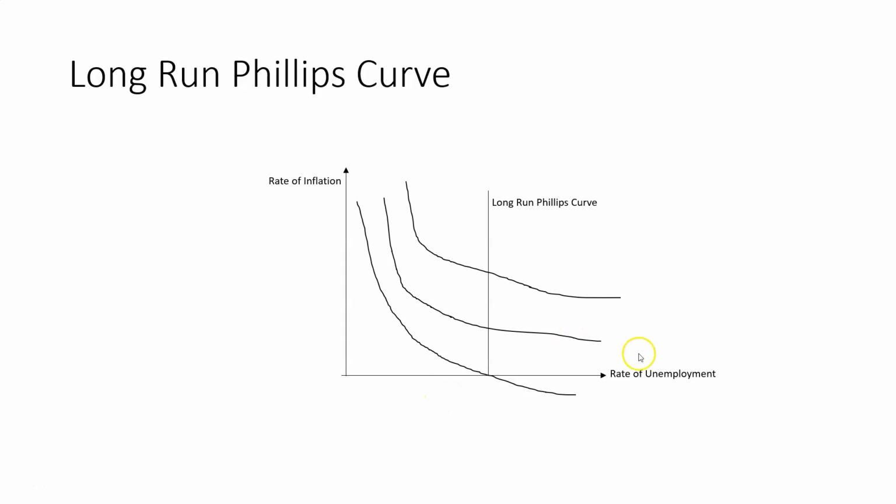Now, if we are here on this short-run Phillips curve, what Friedman argued was that attempts to move us lower than this are going to cause people to expect higher inflation. So instead of us moving lower, getting a lower unemployment, all we're going to see is an increase in inflation.